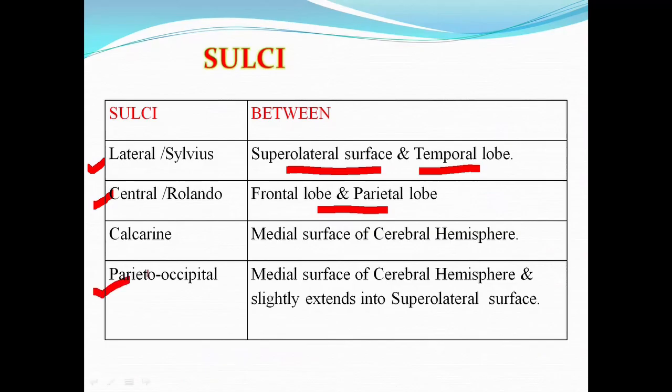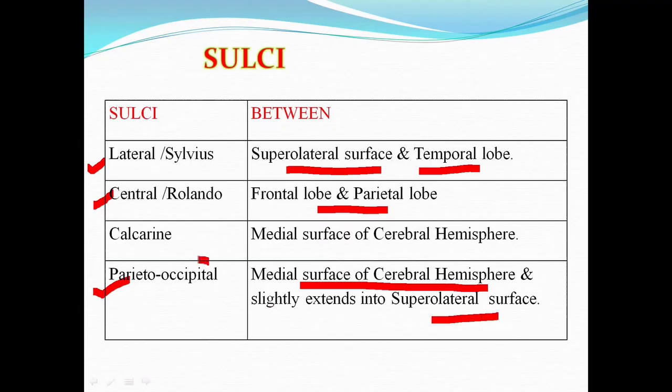Then we have the parieto-occipital sulcus, which differentiates the superolateral surface from the occipital lobe. That's why we say that the medial surface of the cerebral hemisphere also extends into the superolateral surface.